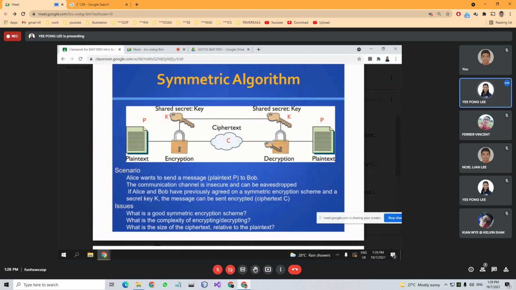If Alice and Bob have previously agreed on a symmetric encryption scheme and a secret key, the message can be sent encrypted. So we have the plain text and then the shared key for the encryption. The shared key is the same for the decryption. After encryption, the plain text will produce ciphertext.